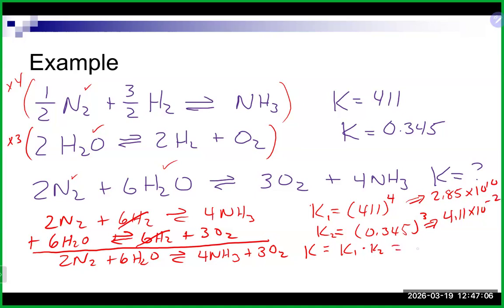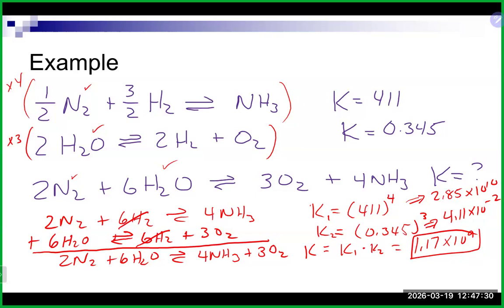Once again, not adding those together, but multiply them together. And I'm just going to take the whole number of each of those on my calculator here and multiply them. And that is going to get me a 1.17 times 10 to the 9 here as my equilibrium constant. Any questions on manipulating equilibrium reactions?